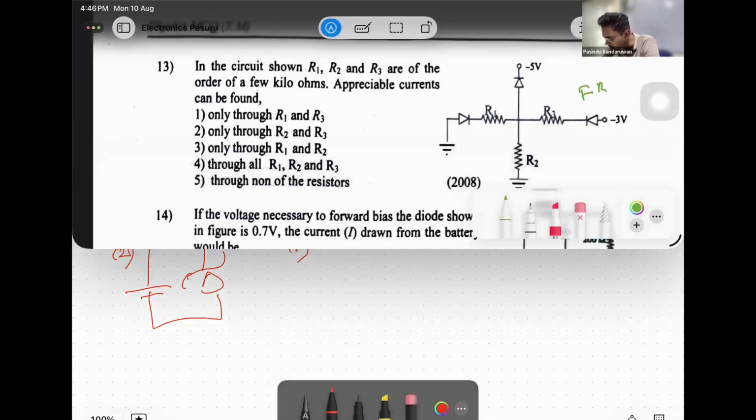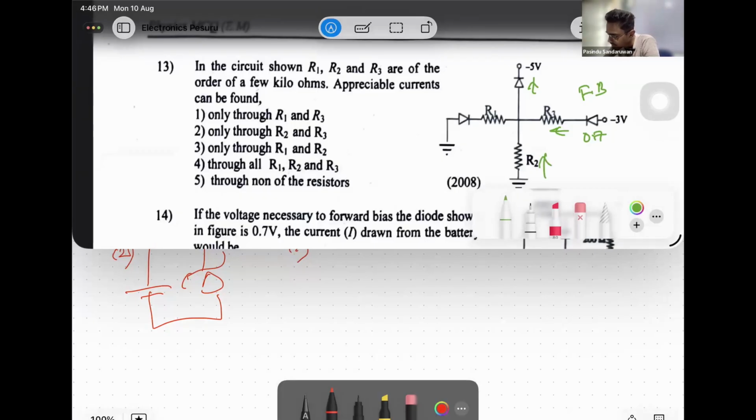Then this diode will be forward biased, and across this diode there will be a potential of 0.7 if that is silicon. From 0 to -5 also there's a potential difference, so current flows this way.